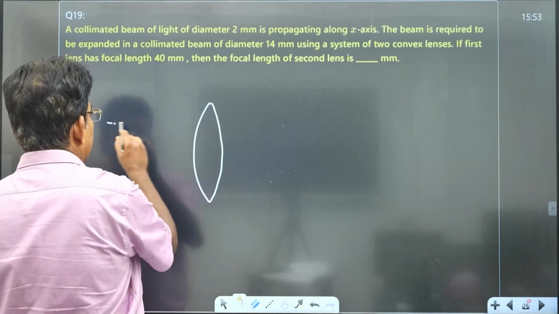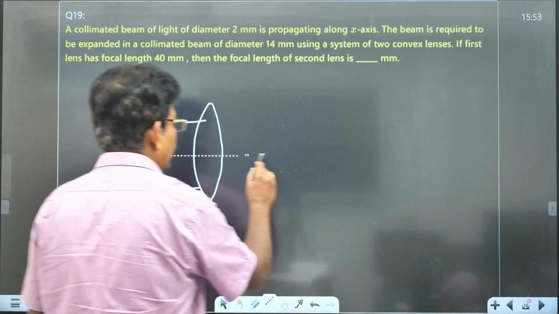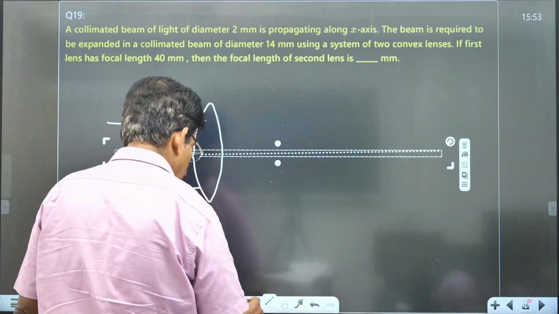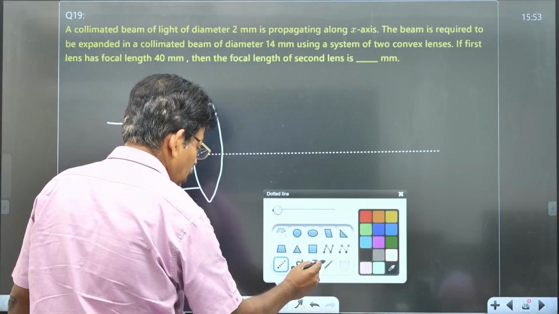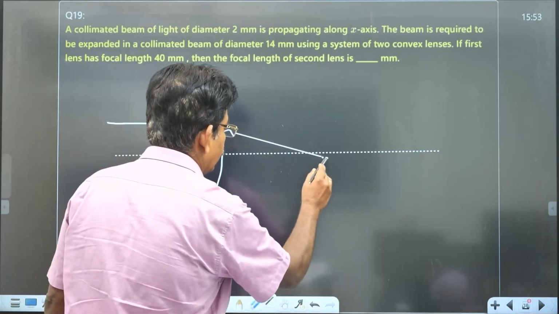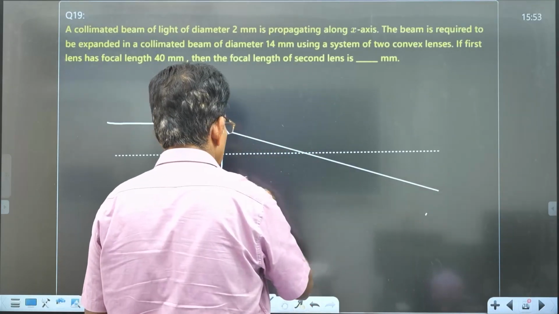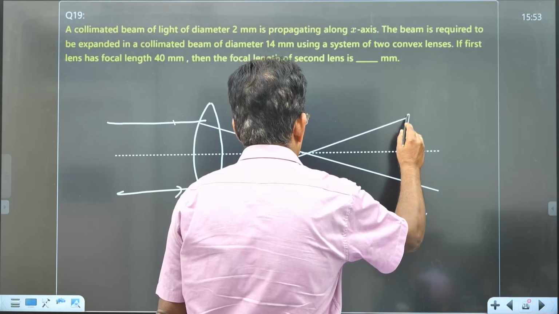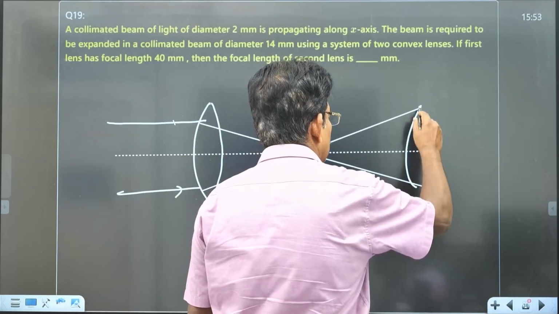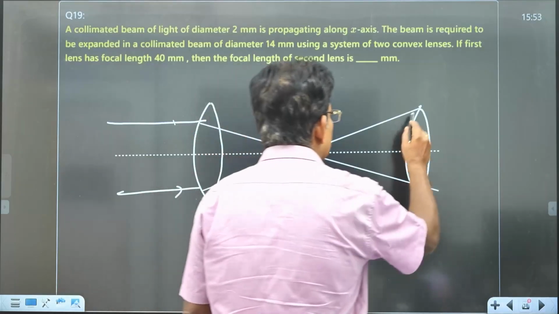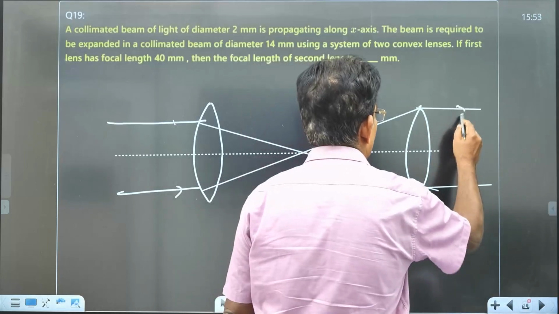A parallel beam of light rays are coming, and we know they will be converging to their focus. And again, they form on the second lens. From the second lens, they go parallel, coming as a collimated beam, going as a collimated beam.